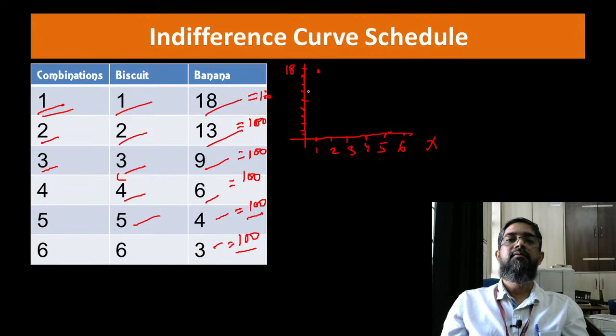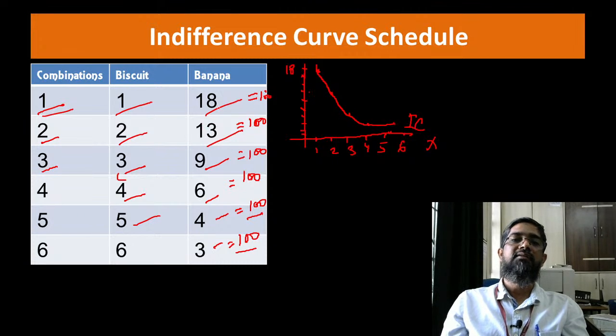Then 13 bananas and 2 biscuits, 9 bananas and 3 biscuits, 4 bananas and 4 biscuits, and 6 bananas here. So you connect these points like this, you will get an indifference curve.